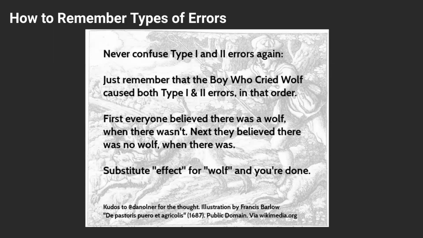But first, the boy who cried wolf, everybody believed that there was a wolf when in fact there wasn't. This is a type 1 error. And next, they believed that there was no wolf when there actually was one. So if you substitute the word effect for the word wolf in this, you will have successfully understood type 1 and type 2 errors. Again, lots of new terminology, but we'll come back to it.